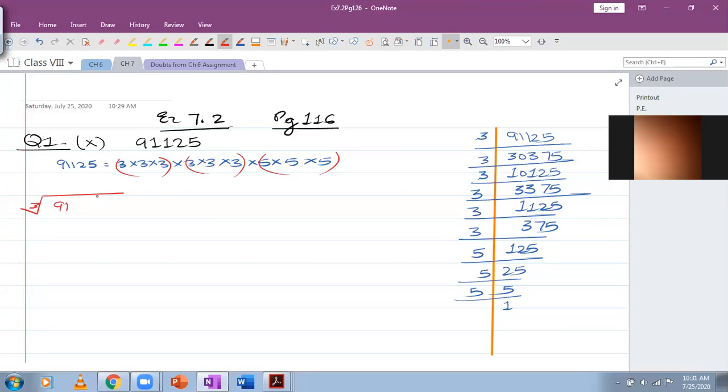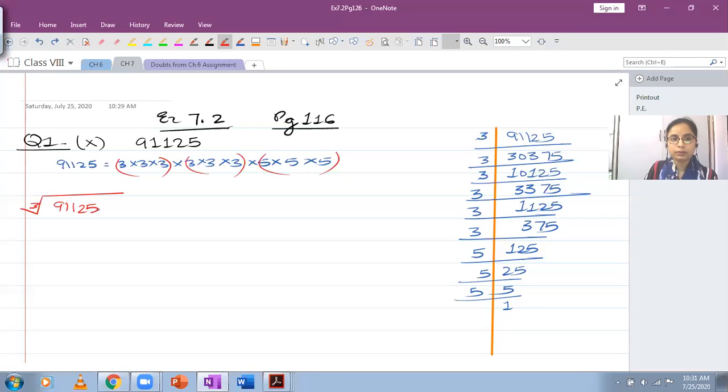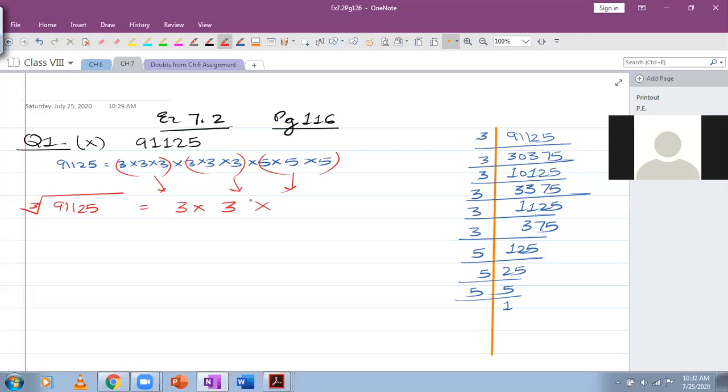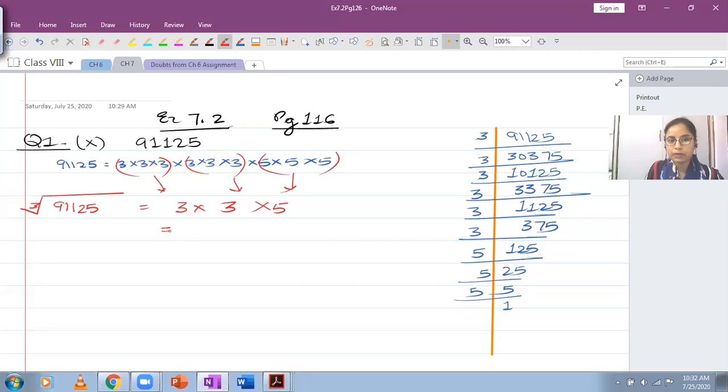It's 45. So from each of the triplets, we will take one factor. From the first triplet, we have a 3. From the second triplet, we have a 3. And from the third triplet, we have a 5. And the answer is 45. So the cube root of 91,125 is 45.